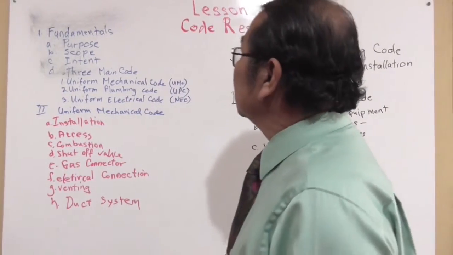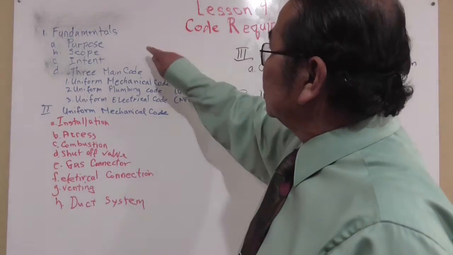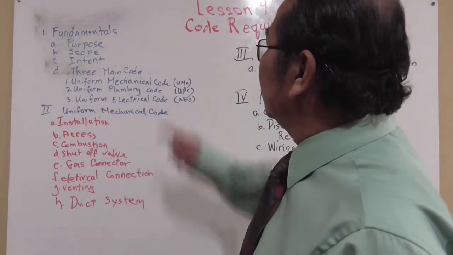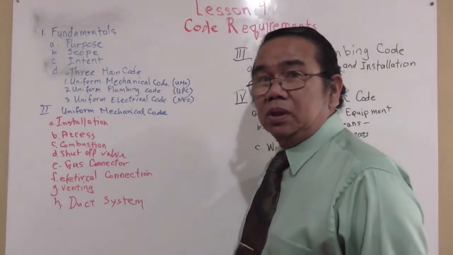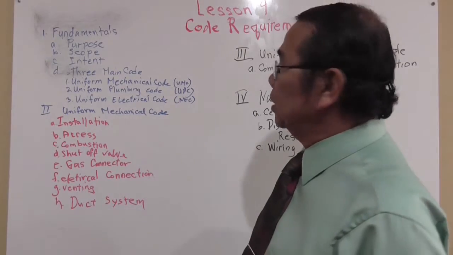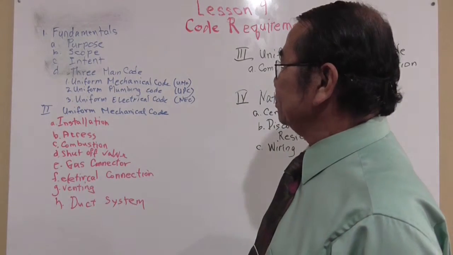Again, the first thing we'll be talking about is the fundamentals, the purpose, the scope, and the intent of the code. There are 3 main codes that we use here: the Uniform Mechanical Code, the Uniform Plumbing Code, and the Uniform Electrical Code.